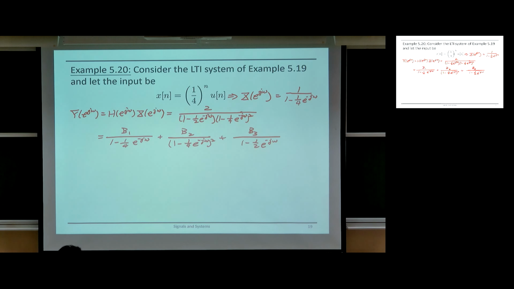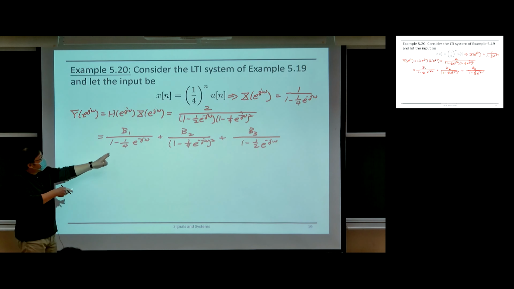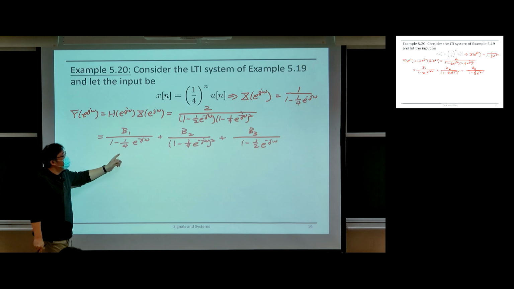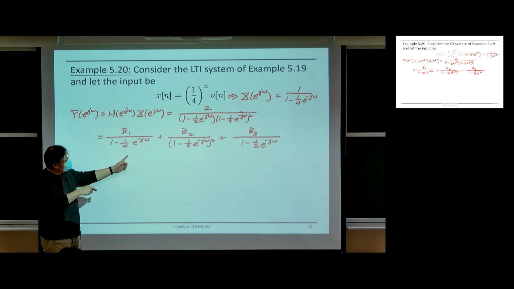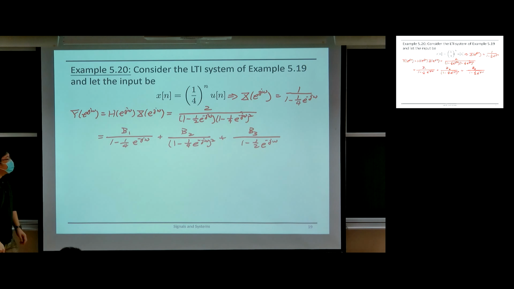Okay? So just remember that when you have a quadratic term in a denominator, you need to split into two terms, one of the first order and the other of the second order. Okay? And then you can just combine them back and equate the numerator with this 2, and you will get the coefficients. Okay, so you can find that B1 is minus 4, B2 is minus 2, and B3 is 8.